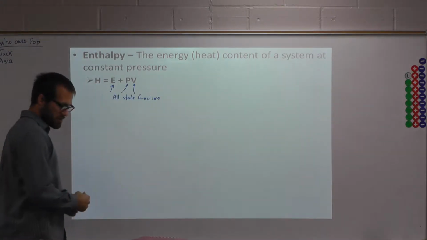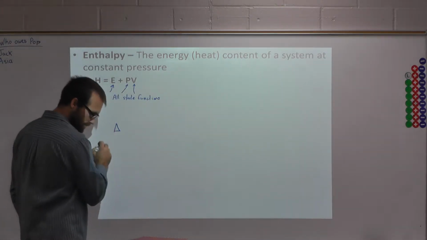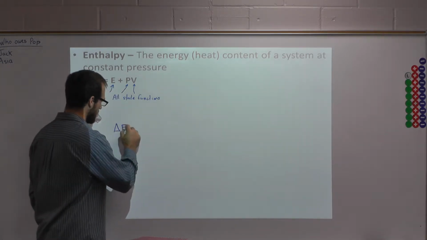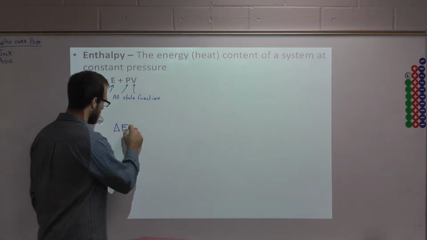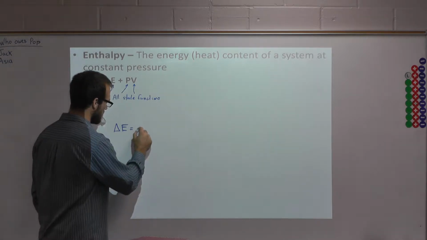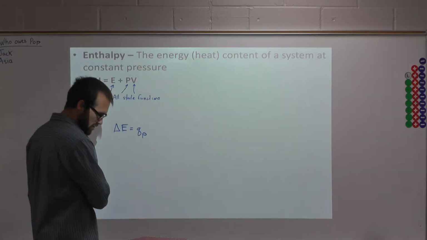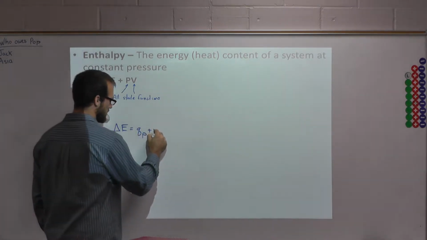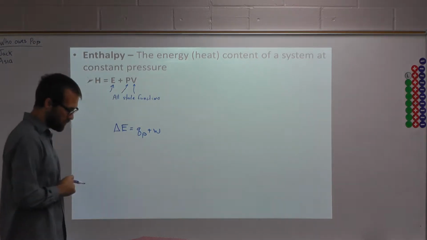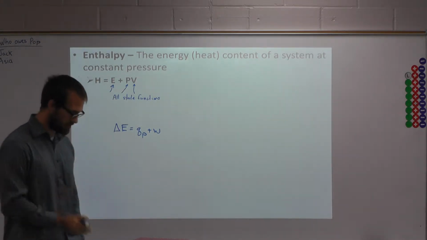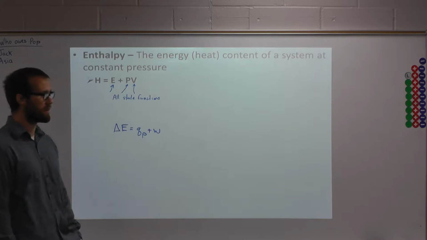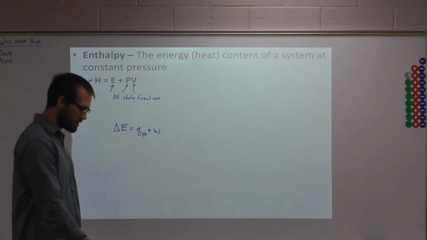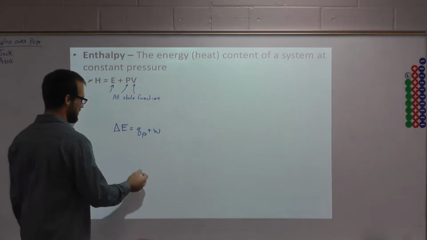Let me quickly show you how we get this equation and how we know it's heat at constant pressure. There's your Q. That is under constant pressure. When we do internal energy problems, I never put a subscript P with it, but it is an assumed constant pressure. Then I take the work equation.